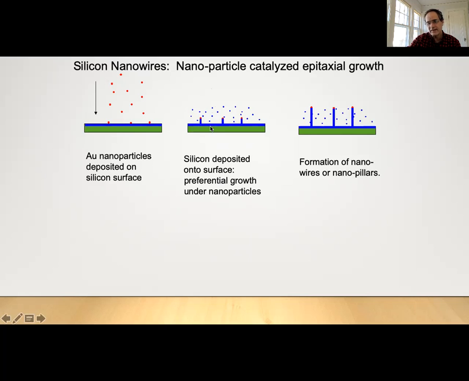And what happens is that the silicon preferentially wants to grow underneath the gold nanoparticles. The gold catalyzes the adhesion of the silicon atoms to the existing surface. And so the material grows faster underneath the nanoparticles. And that leads to the formation of nanowires or nanopillars. Okay?